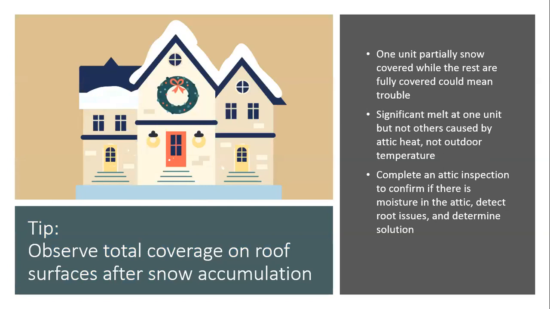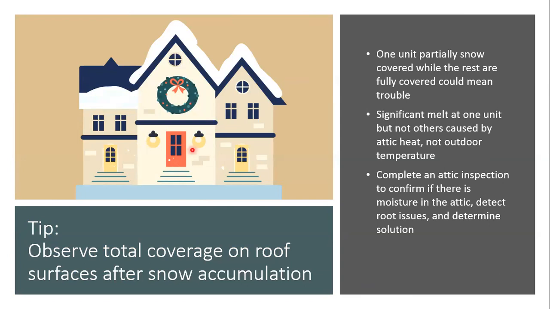So another helpful tip that might help to identify any condensation issues that are occurring in an attic space, especially on a day like today or in the days following where we've just had some snow accumulation, is pay attention to the overall coverage of snow on the roof surfaces.